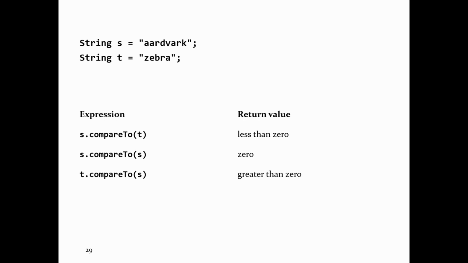The returned value tells you something about how these two strings are different. If you're curious as to exactly what the returned value is, you can look at the documentation for compare to and see what it is. For our purposes, we only care if it's less than 0, greater than 0, or equal to 0.